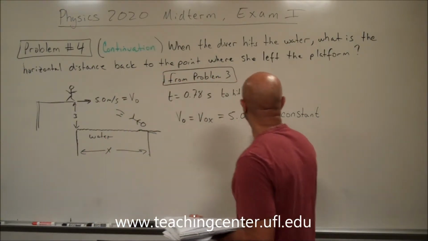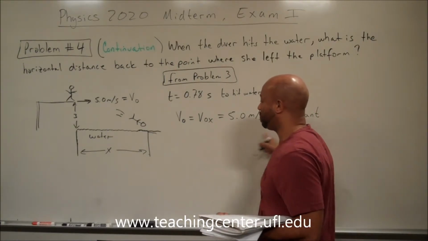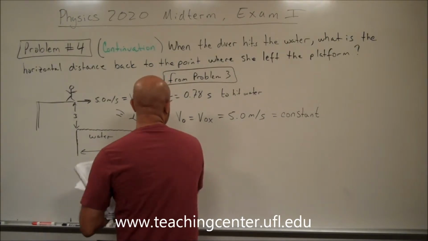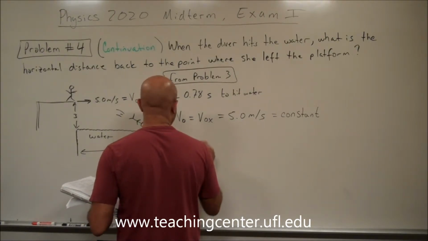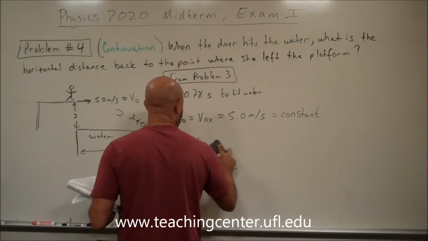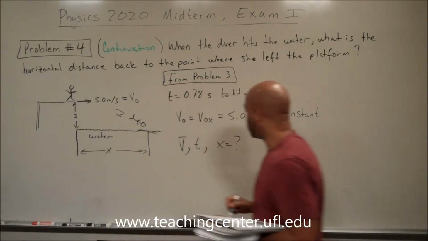If the velocity is constant, then that's the average velocity throughout the flight. So we know the average velocity, and we know the time, and we want to find the distance.